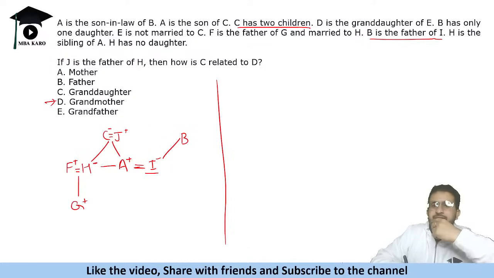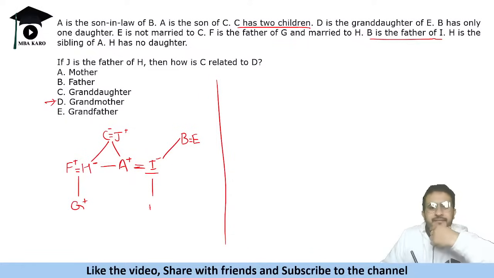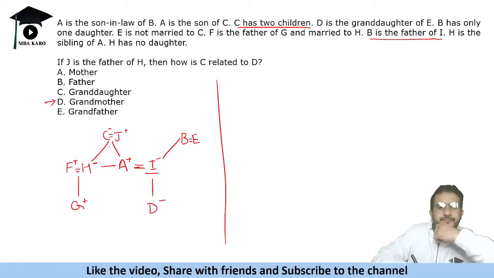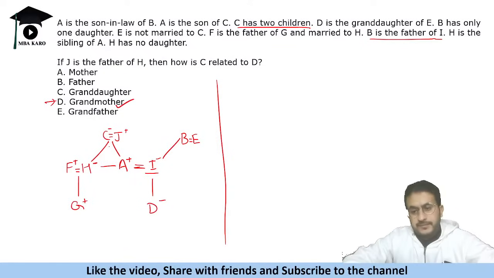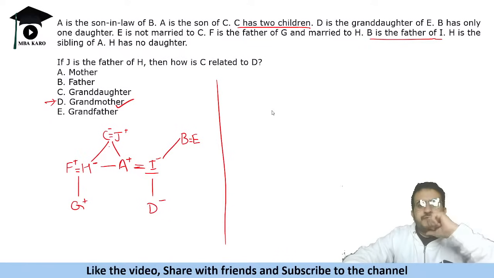D is the granddaughter of E. So probably we can have D and E. Okay, and their granddaughter is D. Okay, so C will be the grandmother of D using that relation. So as such we can make a family tree.